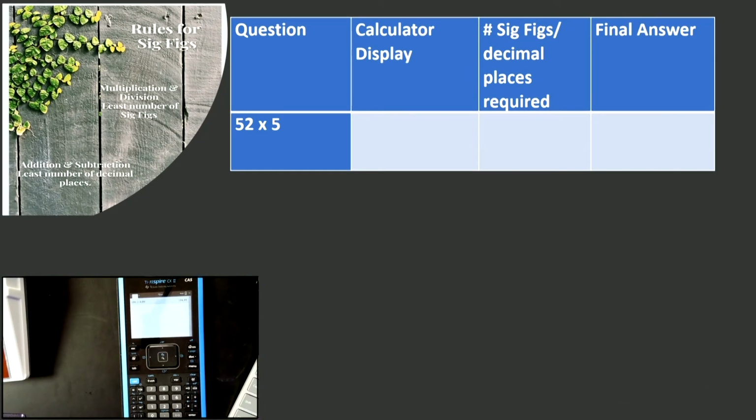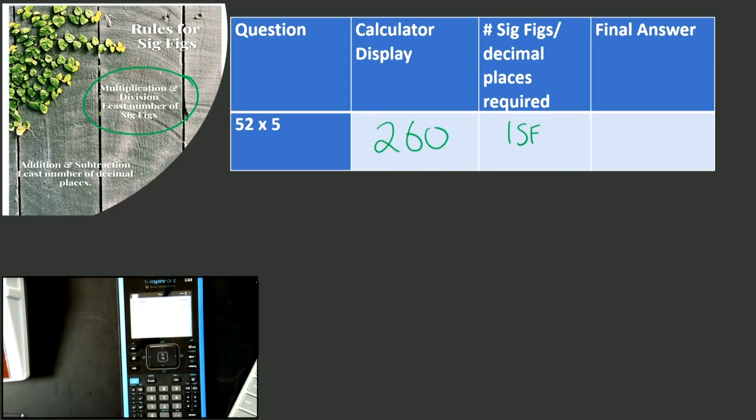Okay, so here's another one. We have 52 times 5. So 52 has 2 significant figures. 5 has 1 significant figure. The rule that we're using is multiplication and division, so my final answer can only have 1 significant figure. When you put 52 times 5 into your calculator, you're going to get 260.